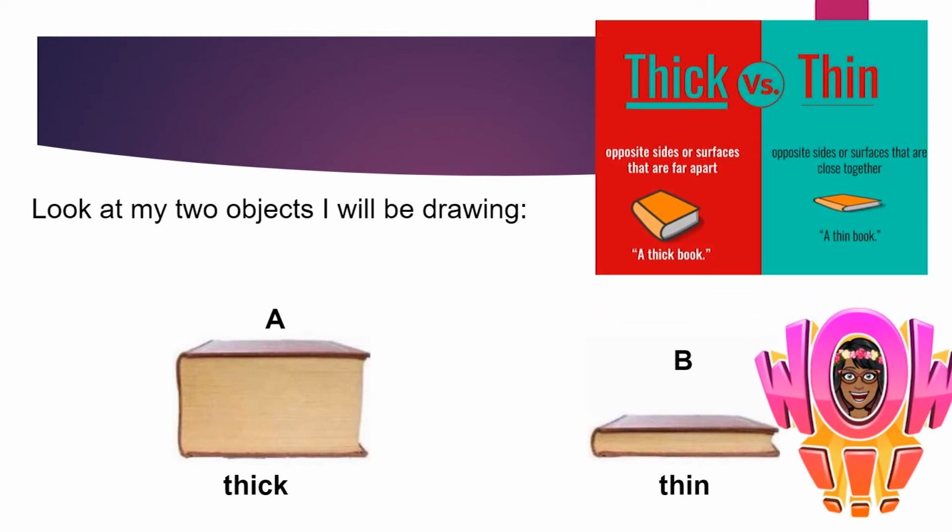When an object is thick, opposite sides or surfaces are far apart, while when an object is thin, opposite sides or surfaces are close together. Look at my two books. Book A is thick. Opposite sides are far apart. And book B is thin. Opposite sides are close together.